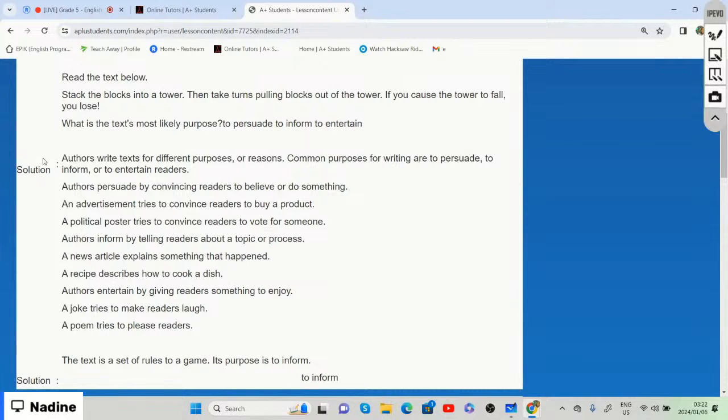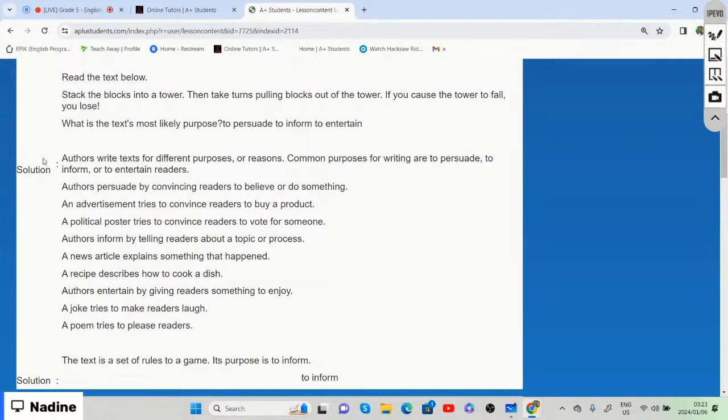So a good joke tries to make readers laugh by coming up with different wordings to make it seem as if, especially when it comes to certain puns, and even when it comes to a poem, right?